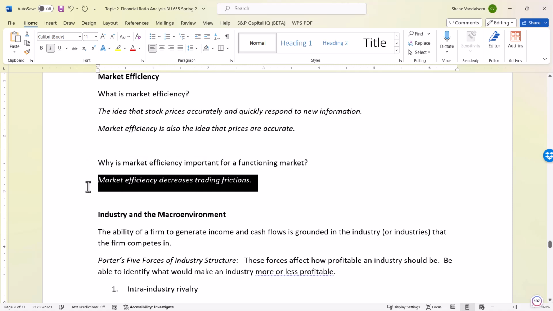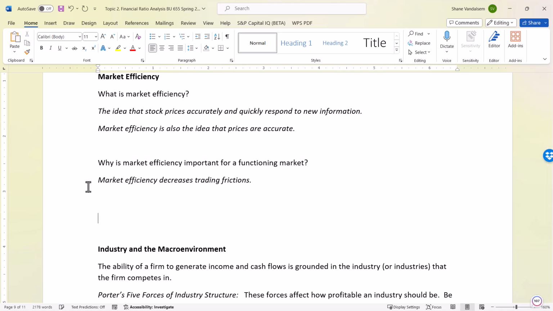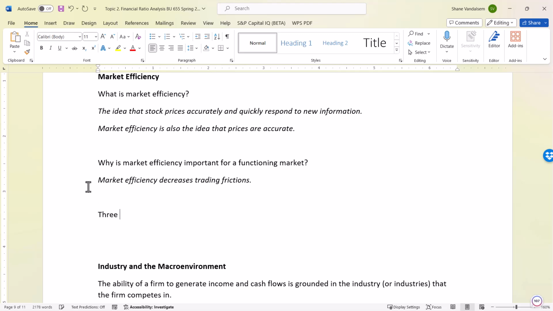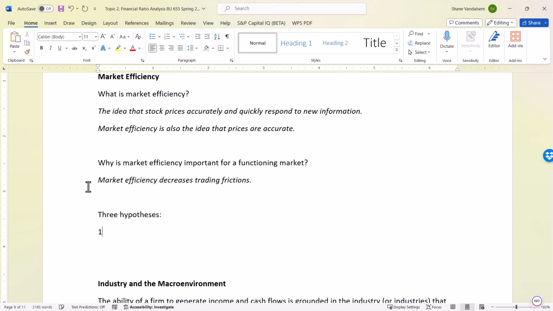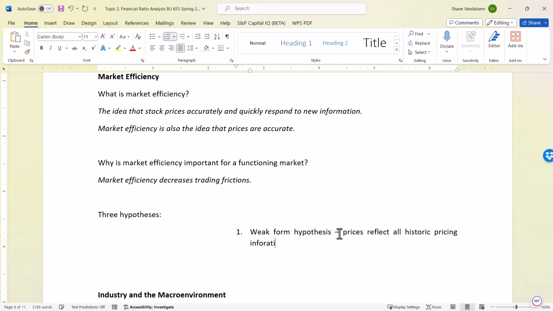We have three different ideas or three hypotheses out there about market efficiency. The first hypothesis is referred to as the weak form hypothesis. The weak form hypothesis says that prices reflect all historic pricing information.